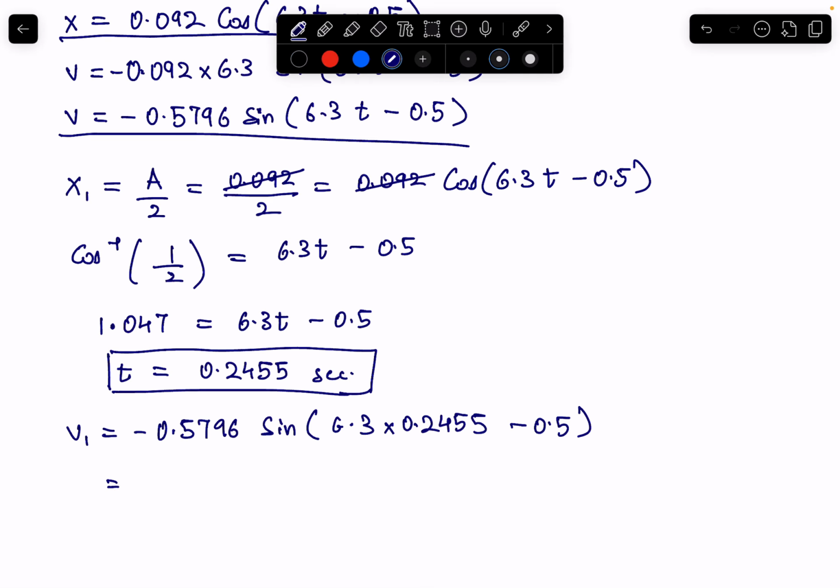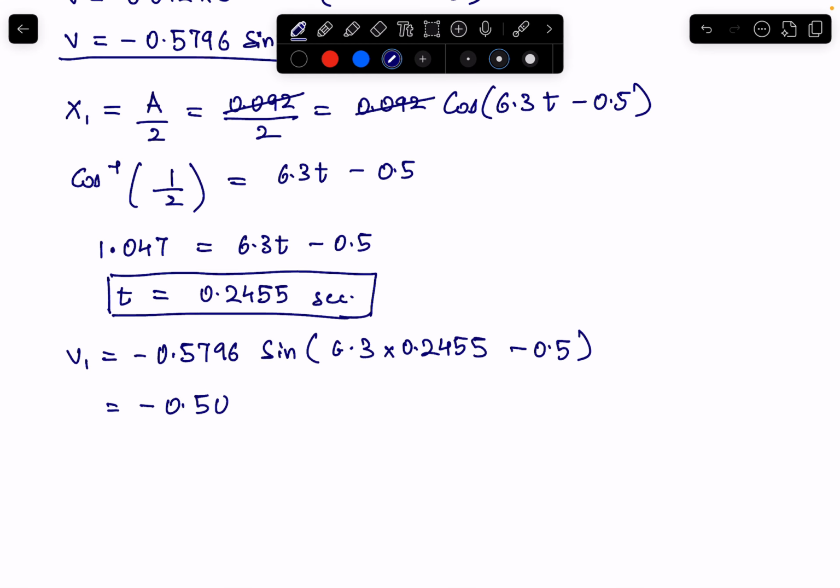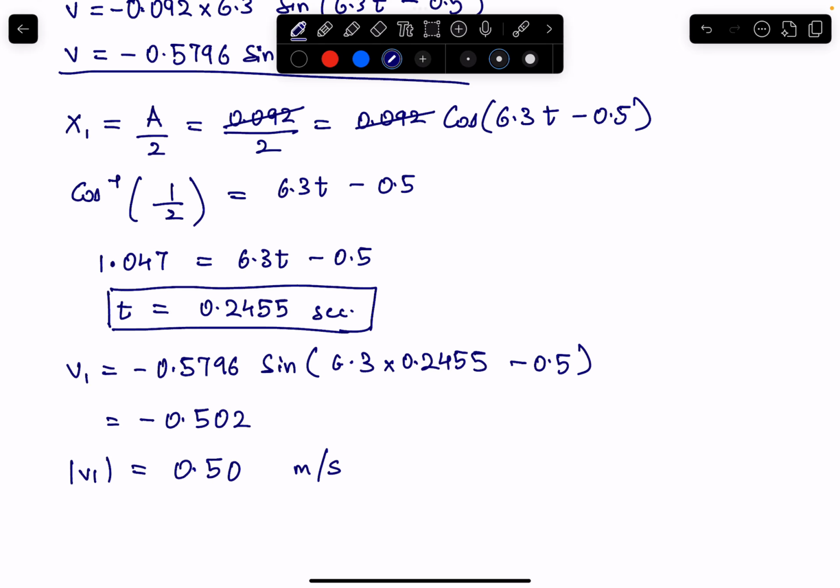The value I get is negative 0.5, but because we are asked to find the speed, we will find the absolute value and there won't be any direction. So meters per second. Looking at the significant figures, this is our answer.